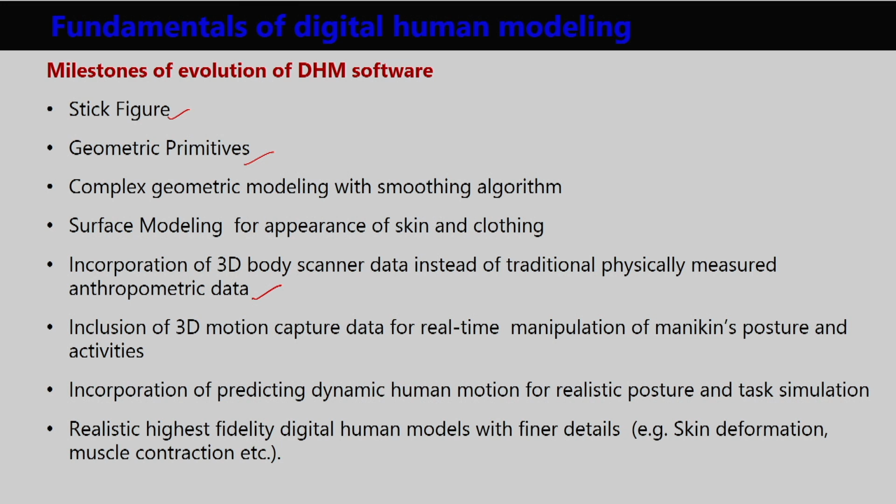Incorporation of predictive dynamic human motion for realistic posture and task simulation gradually came. Finally, realistic, highest fidelity digital human models with finer details also came in the market, like skin deformation, muscle contraction, and physiological aspects like respiratory rate and energy expenditure.